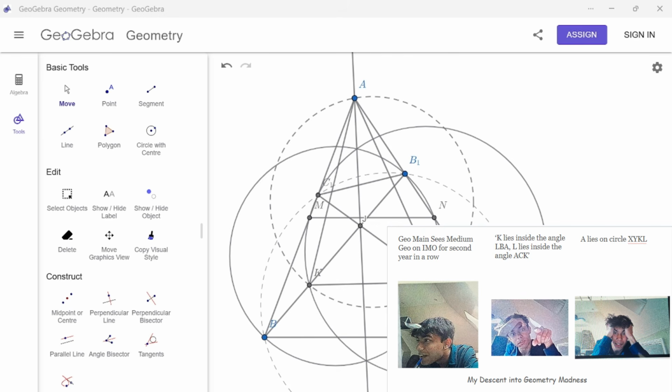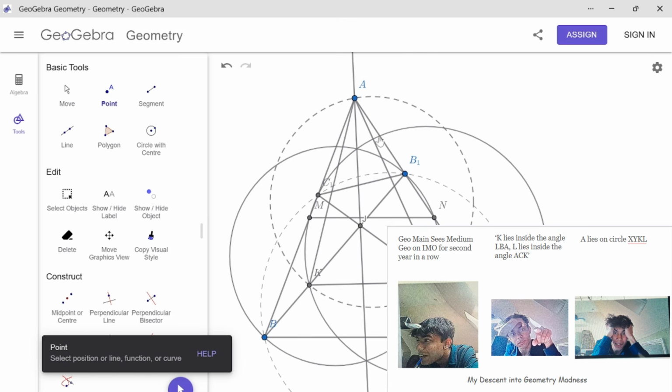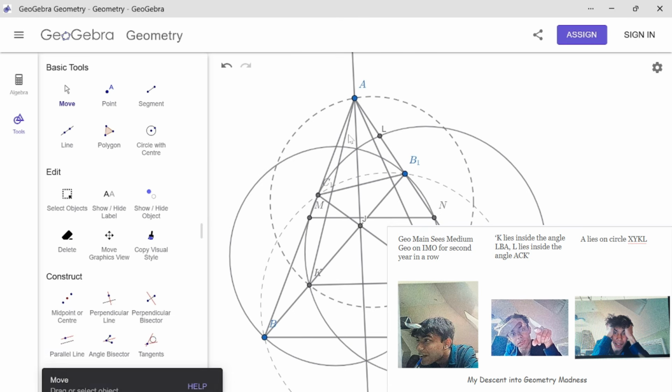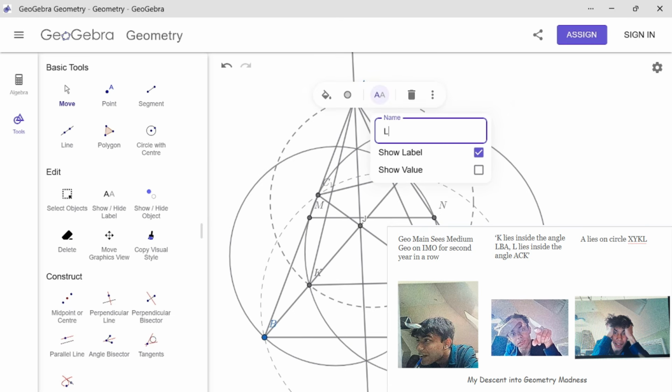Okay, and the power of B1 to this circle. What if we put in a point B3 here? B3.